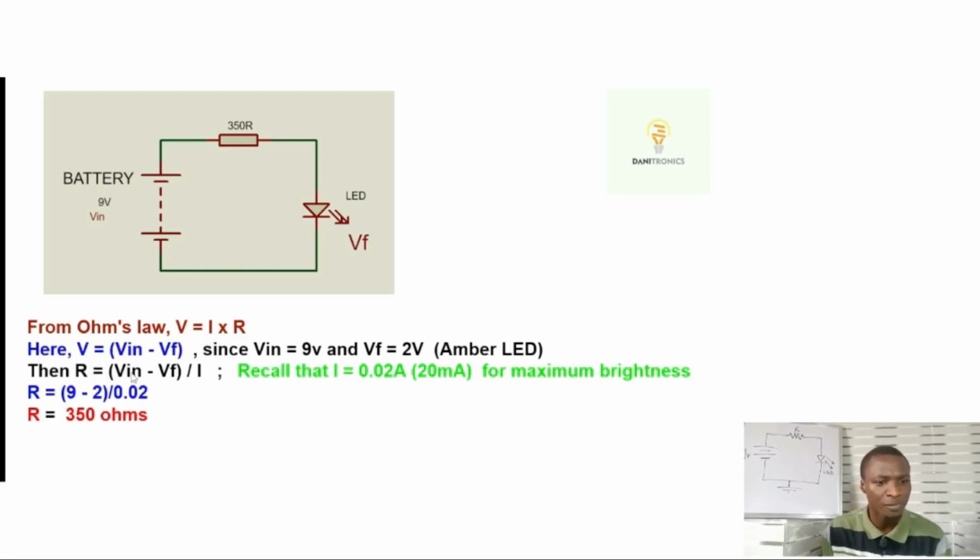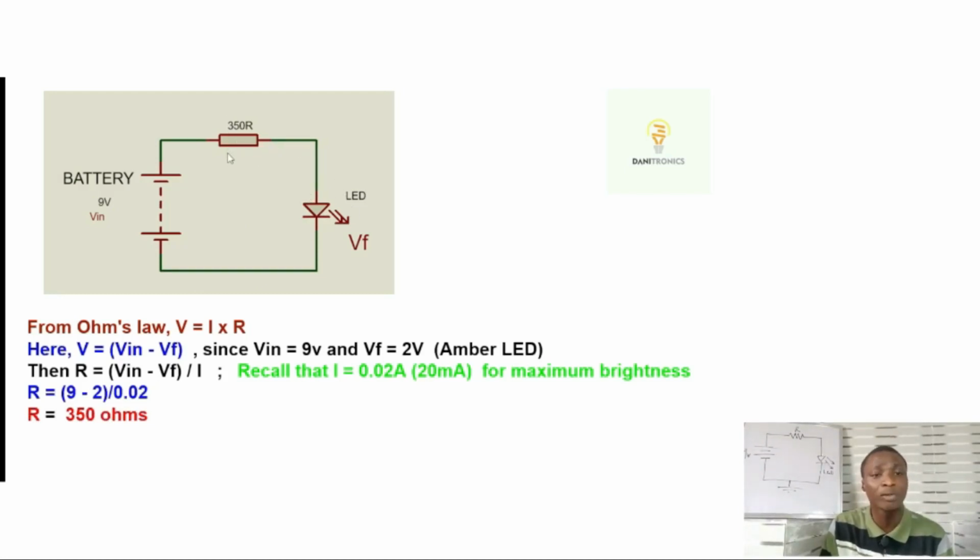So R becomes V in minus VF, divided by I. And recall that at maximum brightness, we'll be dealing with 20 milliamperes, that's 0.02 amps. So R is going to be 9 volts minus 2 volts divided by 0.02 amps, and that's why we got our value of R to be 350 ohms. So 350 ohms with a 9-volt battery will give us maximum brightness at a current of 20 milliamps.